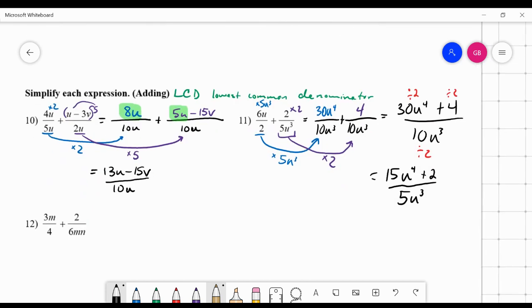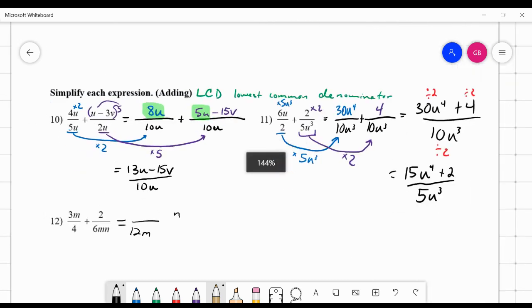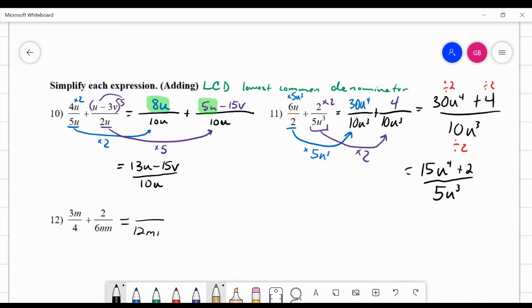All right, next one. The LCD of 4 and 6mn is going to be 24, no, not 24, 12mn. Okay, so to get from 4 to 12mn, you multiply by 3mn.